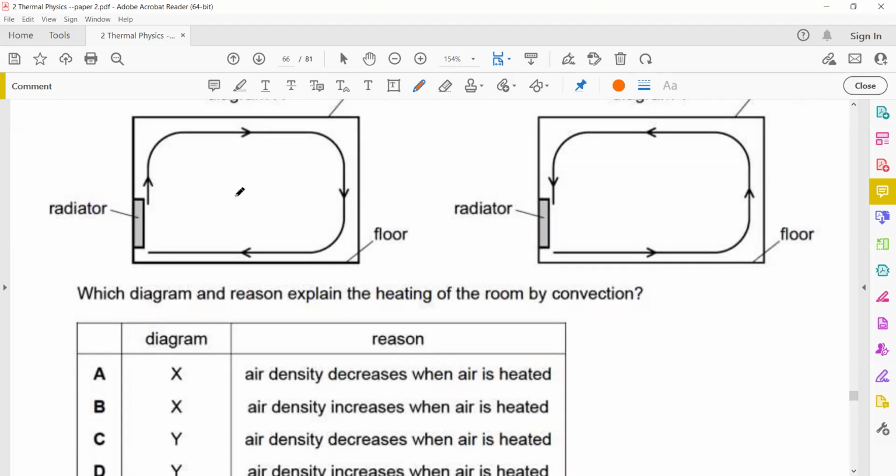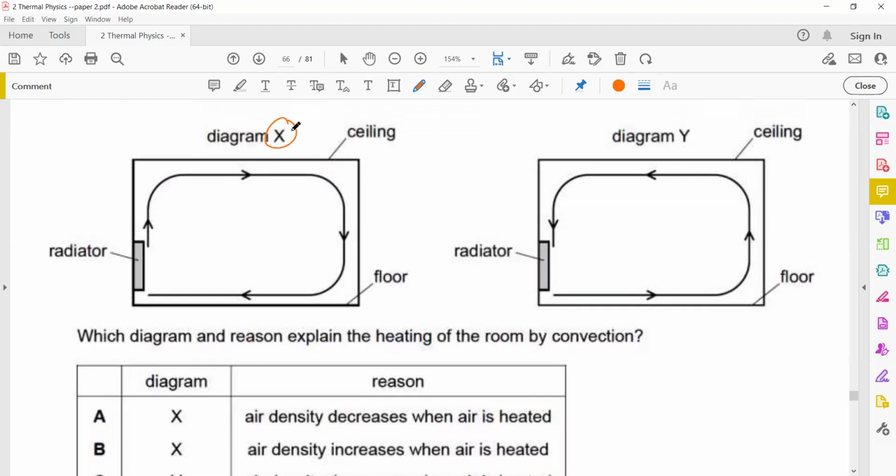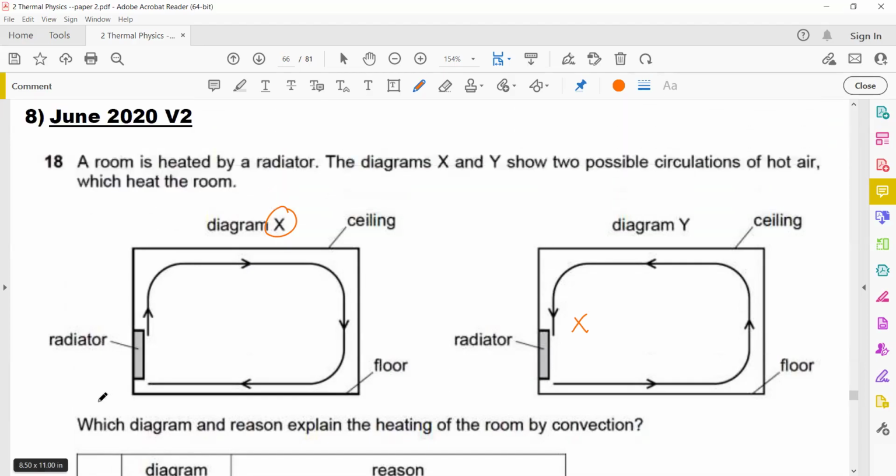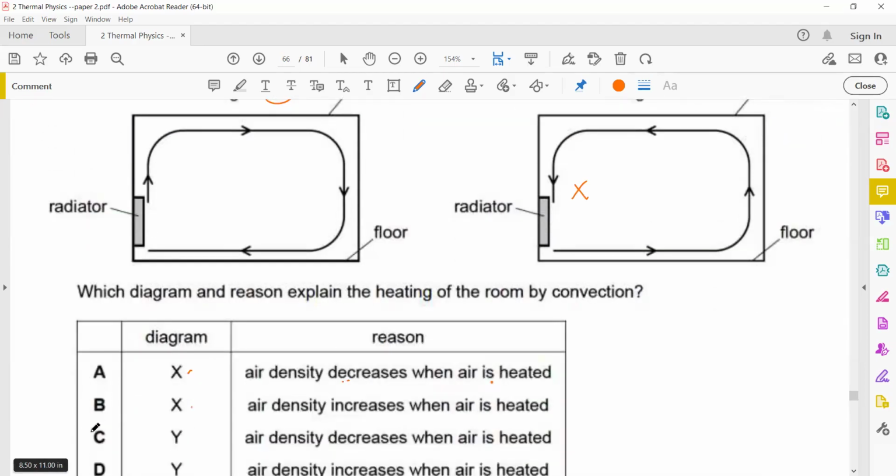So diagram X is correct, but diagram Y is wrong because the hot air does not fall down, but rises up. The options say the air density decreases when air is heated, or the air density increases when air is heated. The air density decreases as the air is heated. So in question number 8, we will choose A.